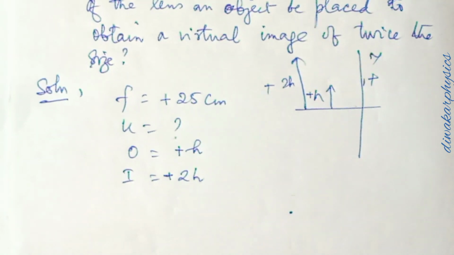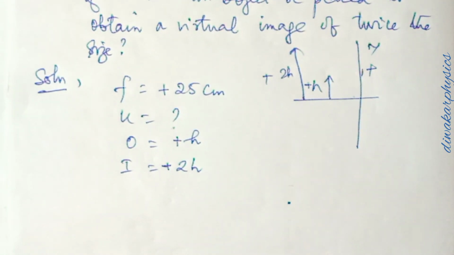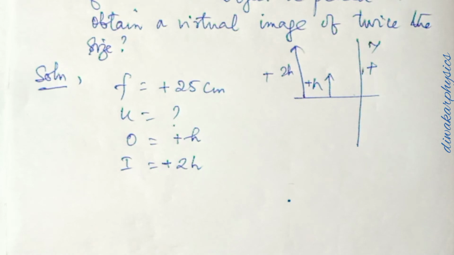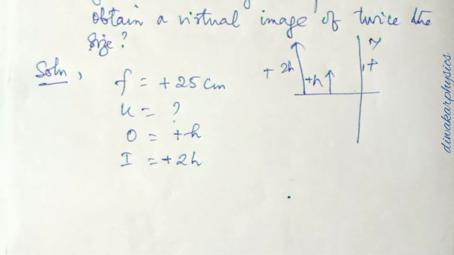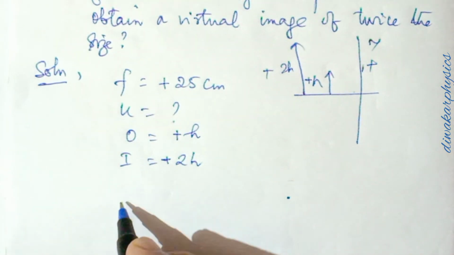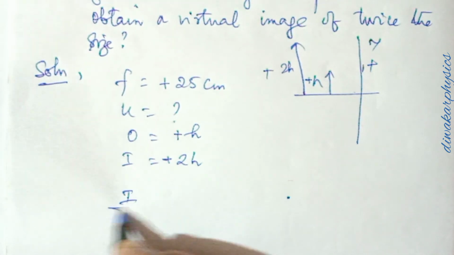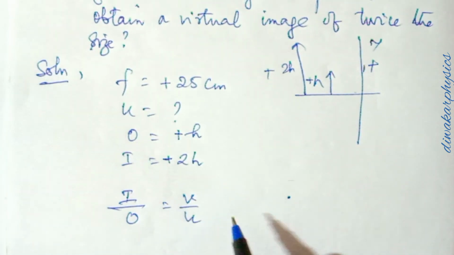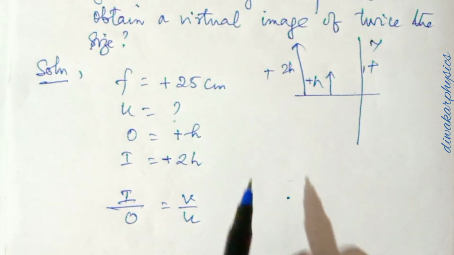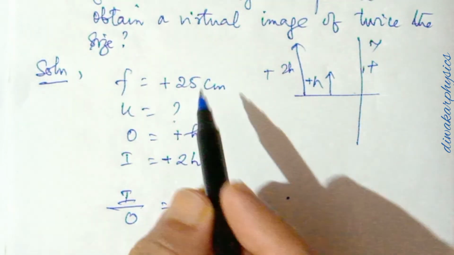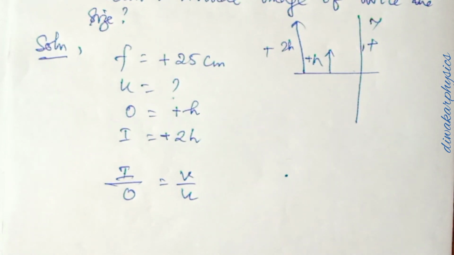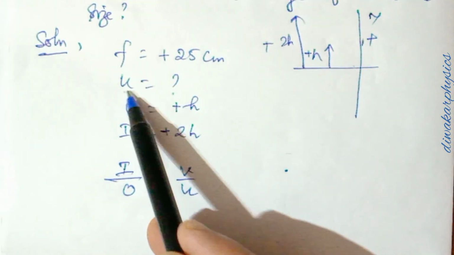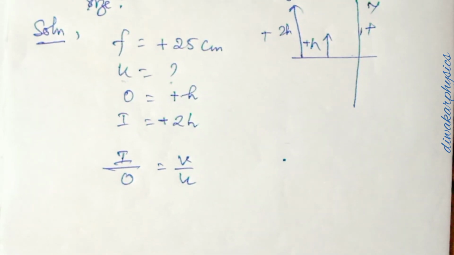So this information is given. So from here you can find the relation between u and v, because I and o are given. So I by o is equal to v by u. Use this relation to get the relation between v and u, and you can use the main lens formula to get the object distance. So this is the pattern.